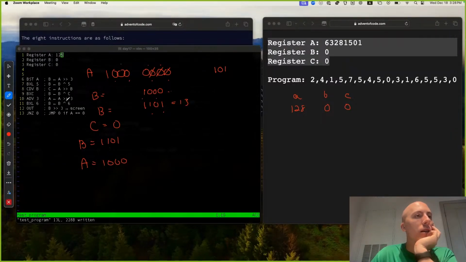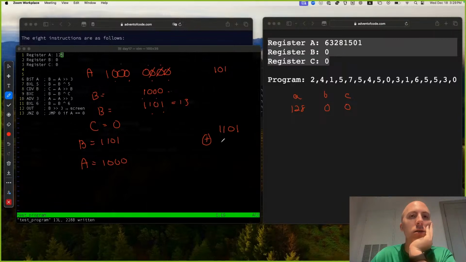Now B gets exclusive ORed with 6. So is this right? B is just getting exclusive ORed with, okay, fine. We're just exclusive ORing it with the literal 5 and the literal 6. All right, so 1101 gets exclusive ORed with the literal value of 6.